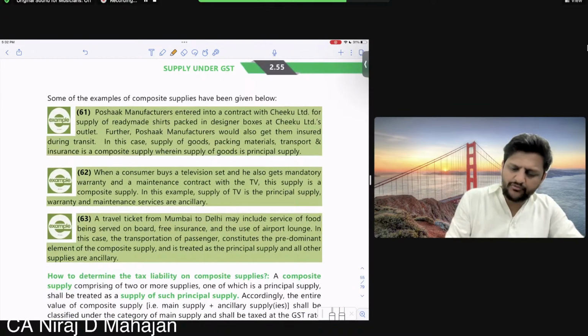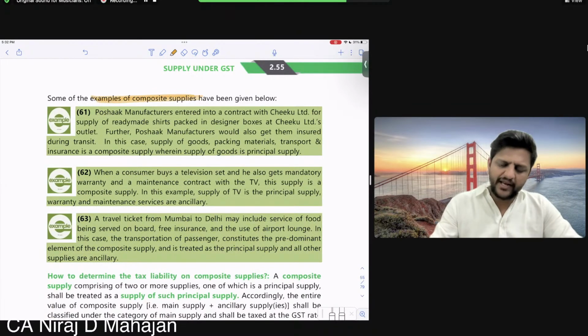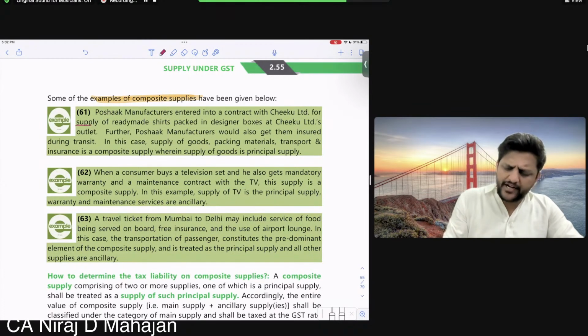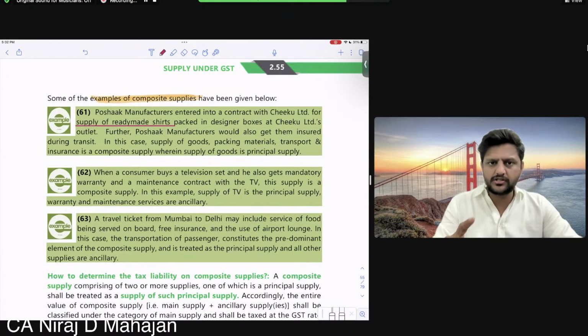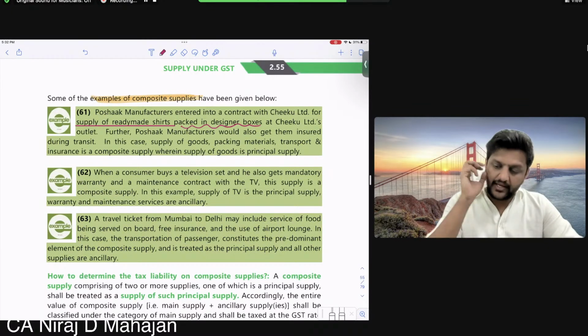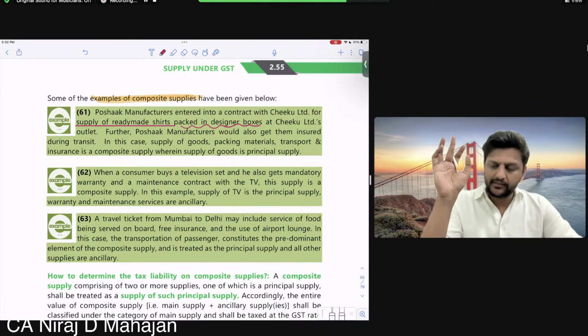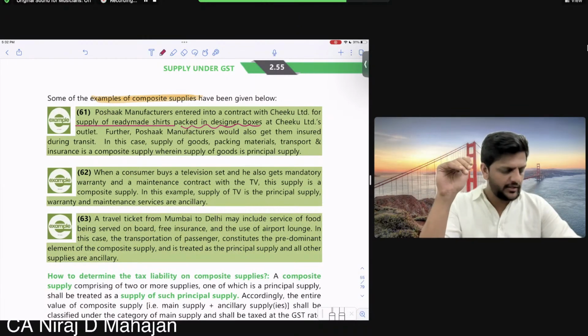Some of the examples of composite supplies are given here. Poshak manufacturers, Poshak means uniform, no? Entered into a contract with Chico Limited for supply of ready-made shirts. Now understand, ready-made shirts packed in designer boxes at Chico Limited's outlet. Now here what all services are happening?